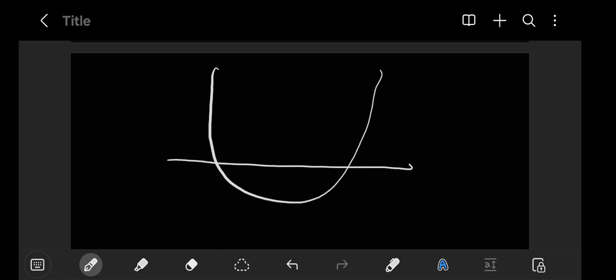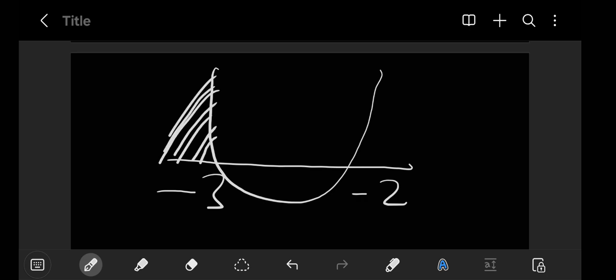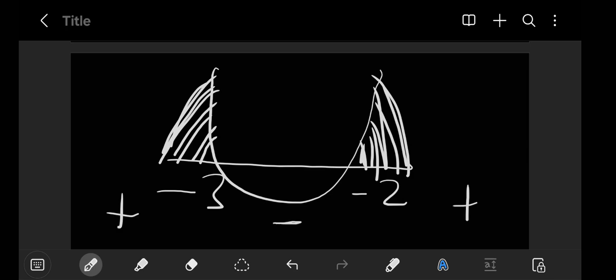So we're going to have a graph like this. We say that when x is greater than negative 3, or less than negative 2, and this is an OR situation, so we're going to represent it in such a way that's like this. Because it's an OR situation, it's going to exist here. Most students normally say that this is positive, below here it's negative, then here it's positive.